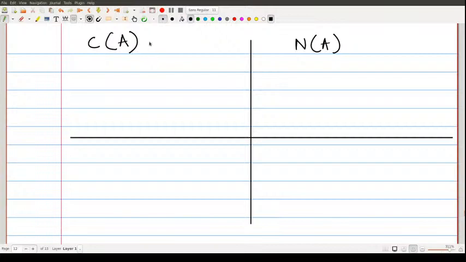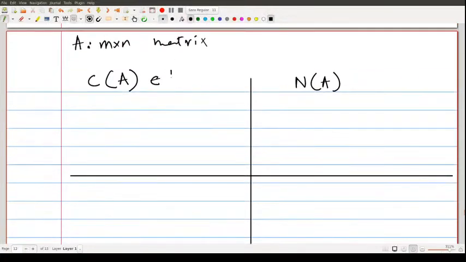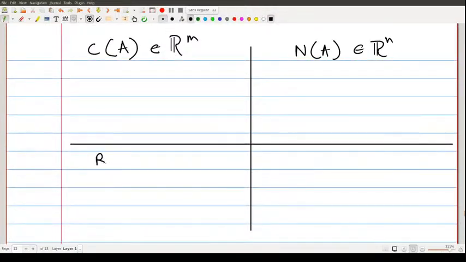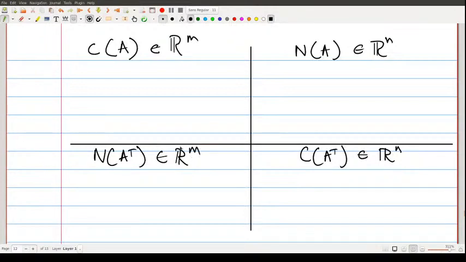The column space is in Rm, and the null space is in Rn. Then I have the row space of A, which is the column space of A transpose, in Rn, and the null space of A transpose, which is in Rm.